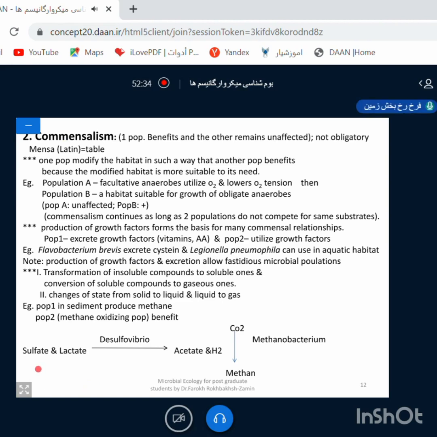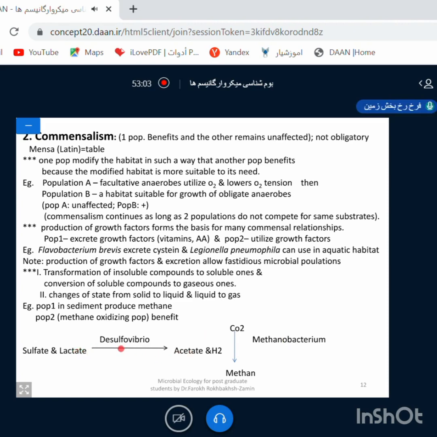Another example. One bacterium with the name Desulfovibrio can change sulfate and lactate to acetate and hydrogen. If methanobacterium is present or is absent, Desulfovibrio does it.